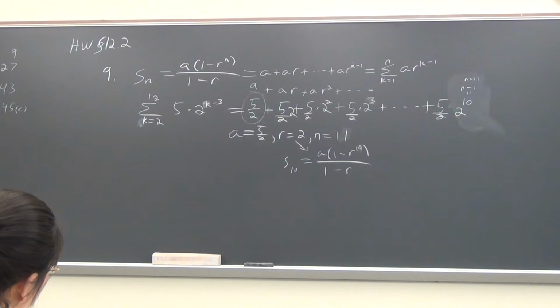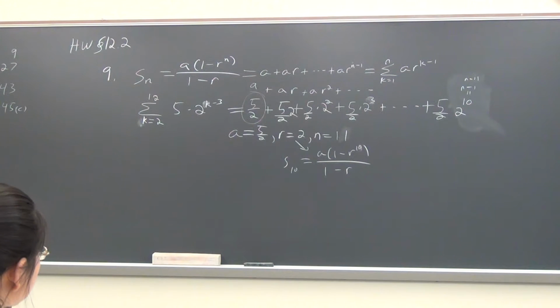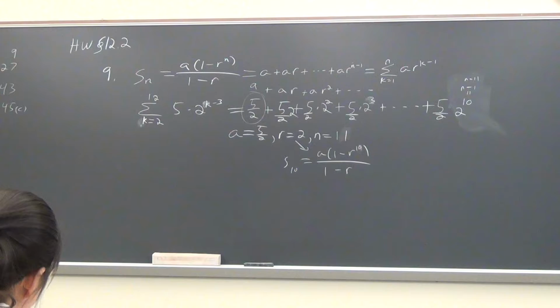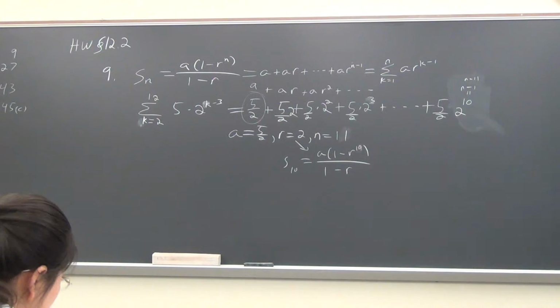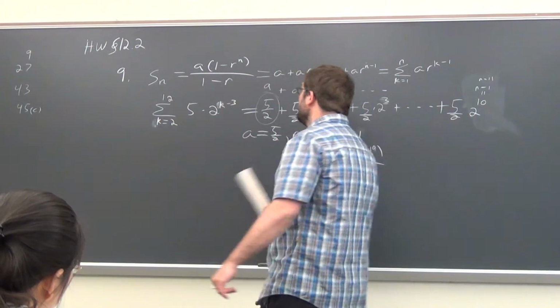All right, so let's see, 45. It says, for the given series, write an unsimplified expression for S4. Draw the result from part A to find the general form of S sub n, the partial sums, and then use the formula from part B to determine if the series converges or diverges and find its sum. So I know you're asking about C, but let's just go through the whole thing.